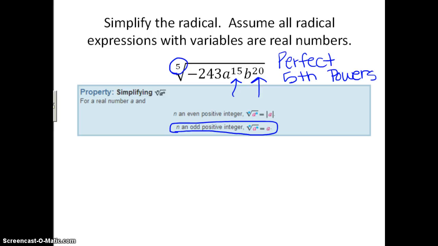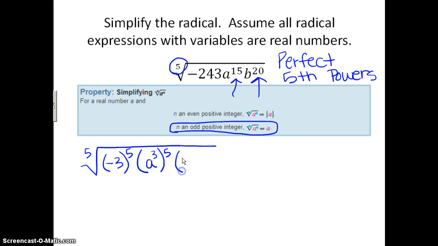All right, so let's rewrite our radical here. Instead of negative 243, I'm going to write it as negative 3 to the 5th power. Instead of a to the 15th, I'm going to write it as a cubed to the 5th power. And instead of b to the 20th, I'm going to write it as b to the 4th to the 5th power. You can see our index of 5 matches all the 5th powers, which is good. So let's rewrite this.